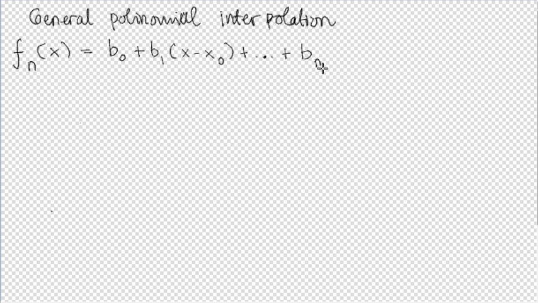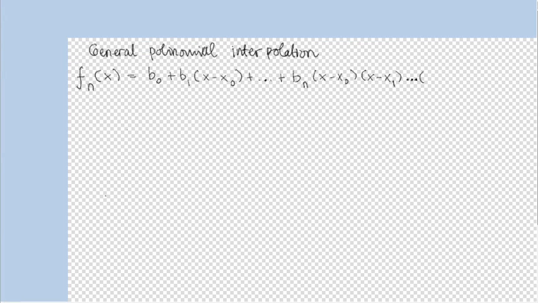So bn (x minus x0), (x minus x1), and so on until (x minus x n minus 1), like this. So this is the general form of polynomial interpolation.